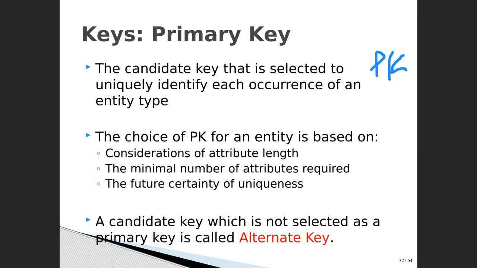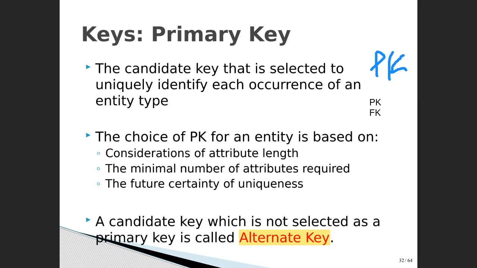So primary key, PK, we have foreign key, we have alternate key. The alternate keys are those not selected to be primary key. Not selected to be primary key is alternate key.